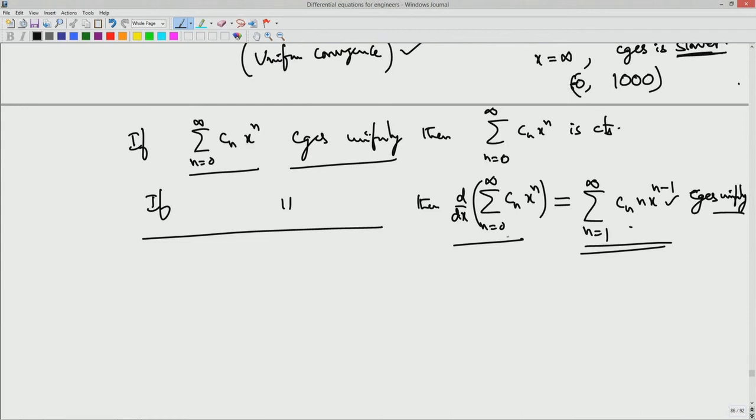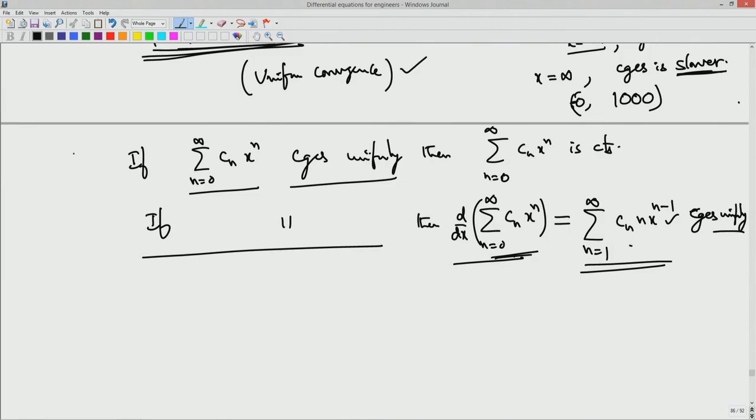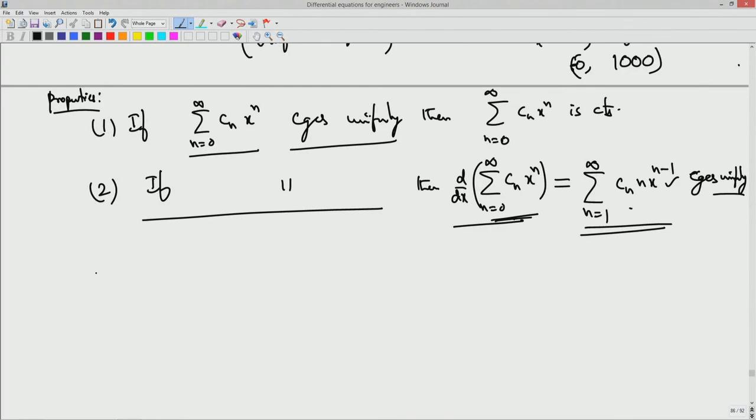In the place of y, if you put this power series, then for y double dash you simply replace it by term by term differentiation. These are the properties of power series, 1 and 2. And you also have another property: if it is uniform convergence, you can do term by term integration also.